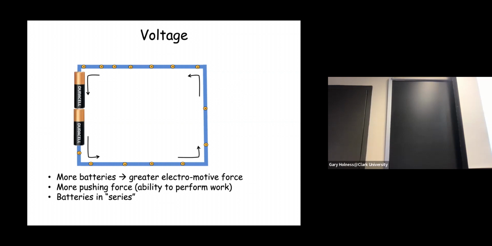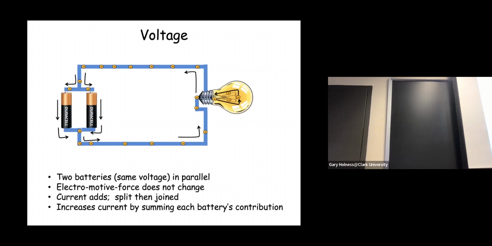Current is drawn by something. It's almost like these devices are thirsty. Some will drink more water, want to pull more water through a pipe than others. Current is pulled by the component. It's not pushed by the battery, even though I just called it electromotive force. Okay? But any questions about this?